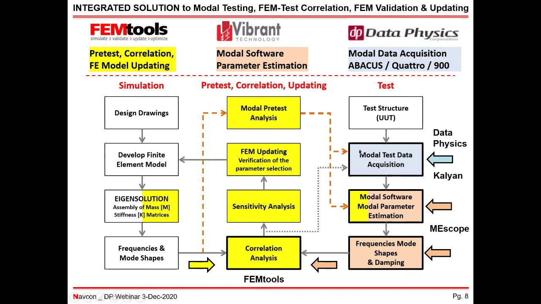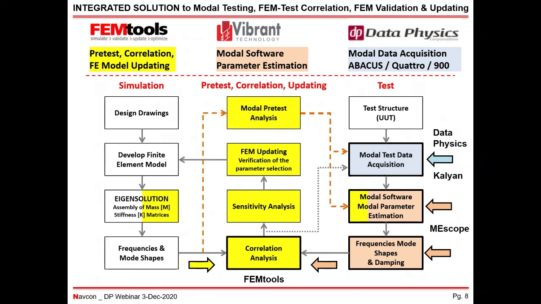And again, although this is a small blue box, when you open it up, there are a lot of little boxes in there. But we acquire the modal test data, and then we export it to our modal software. In the modal software, the brown is really the MEscope part, but we also have a yellow part in here because FEMtools also has parameter estimation.